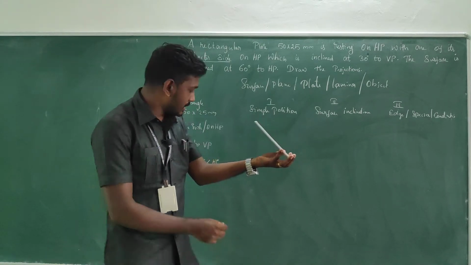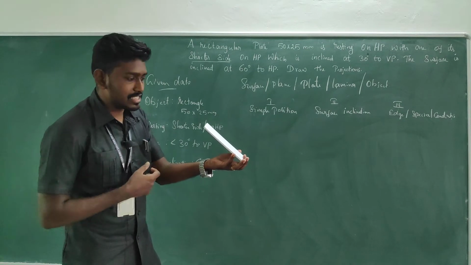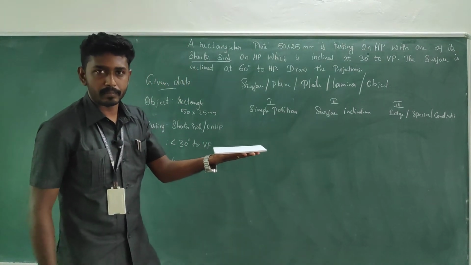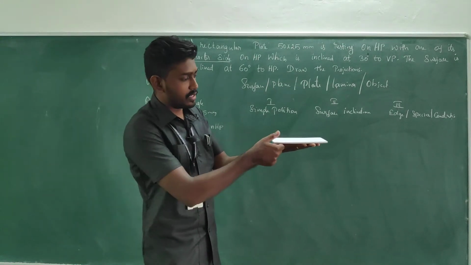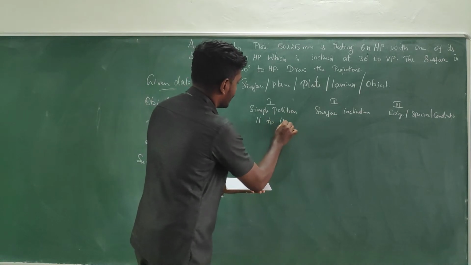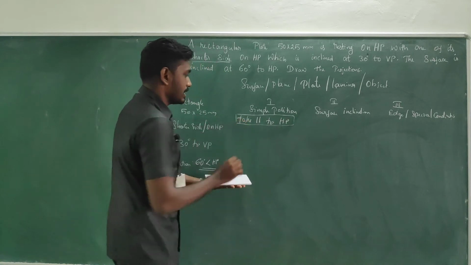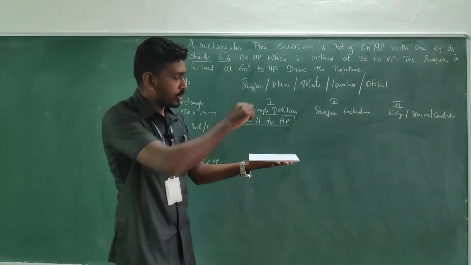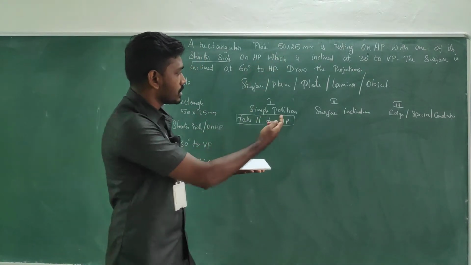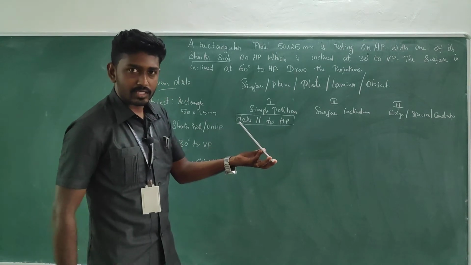Since it is inclined to HP, we can take the assumption as just parallel to HP, like resting on HP. For that we are going to get the projection of the front view and the top view, and then surface inclination. That means simply we will be making the inclination something like this.